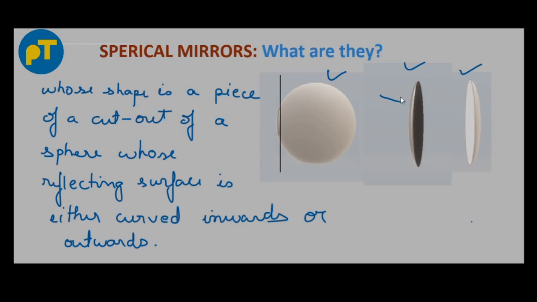Now this is curved outwards, the reflecting surface, and the reflecting surface in this case is curved inwards.